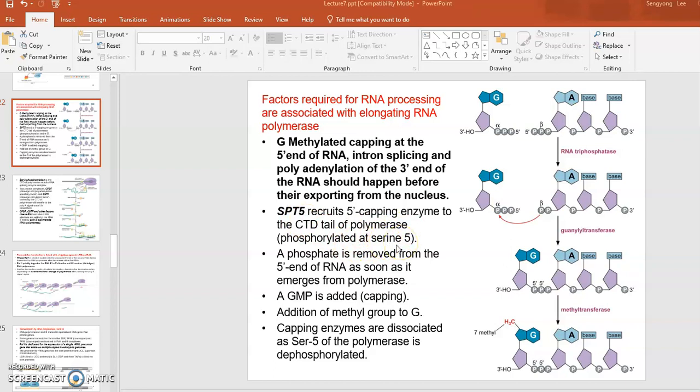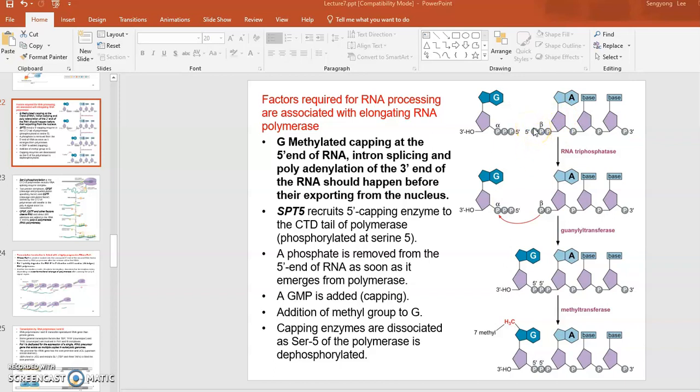Okay, and then when that happens, a phosphate is removed from the 5' end of RNA, as soon as it has emerged from the polymerase, when RNA is coming out of the RNA polymerase through the transcription. So what it means is, here you see there are 3 phosphates on the 5' end, right? So one of the 3 is removed. That's what it means. Okay, one phosphate is removed.